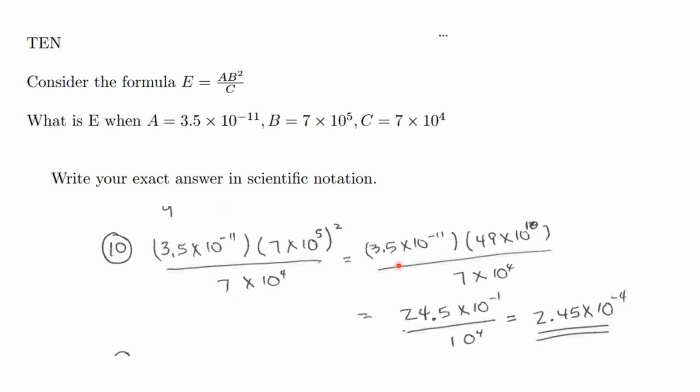You square both of these, so that's going to be 49 times 10 to the 10th. You add the exponents here, and you get minus 1, and you do the calculation. You have a 10 to the 4 down here and a 10 to the minus 1 up here. When you put it in scientific notation, this is 2.45 times 10 to the minus 4.